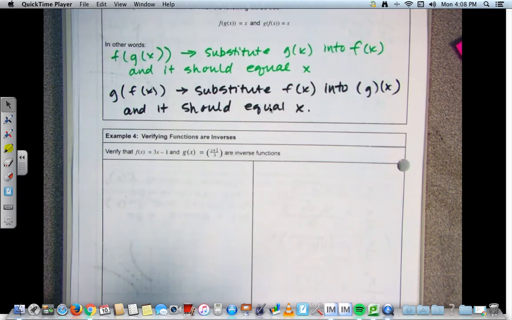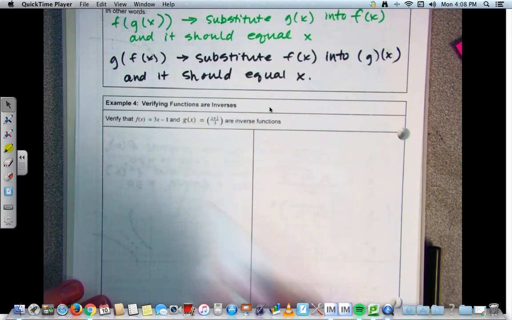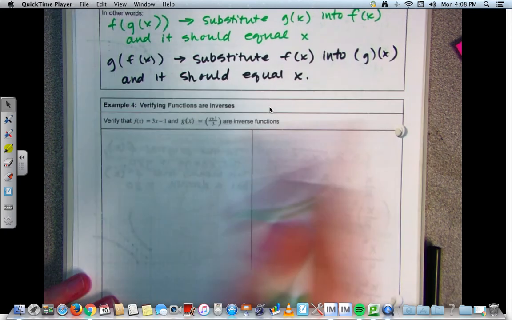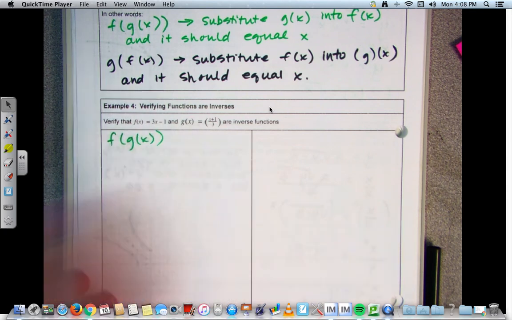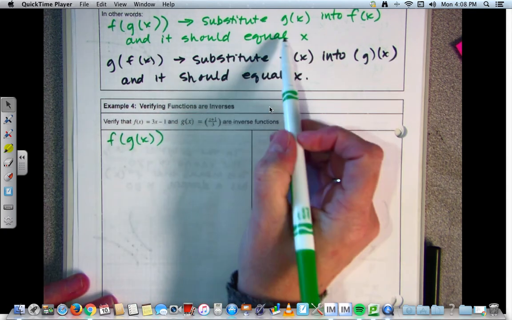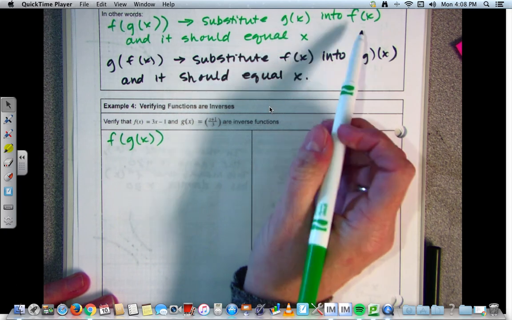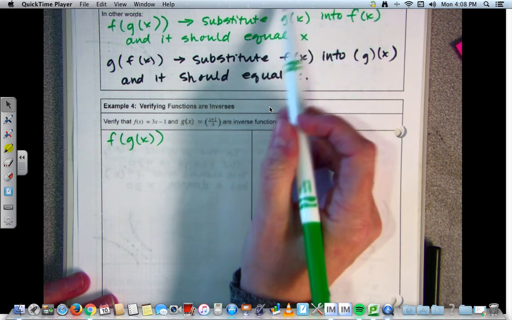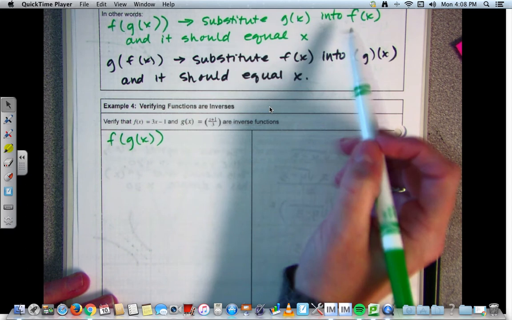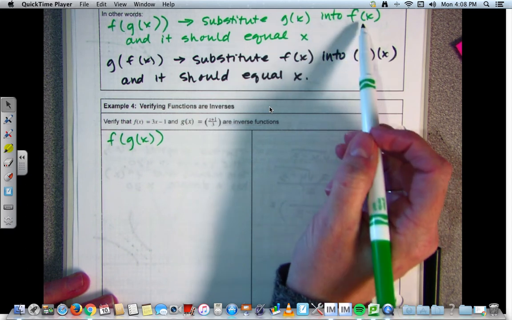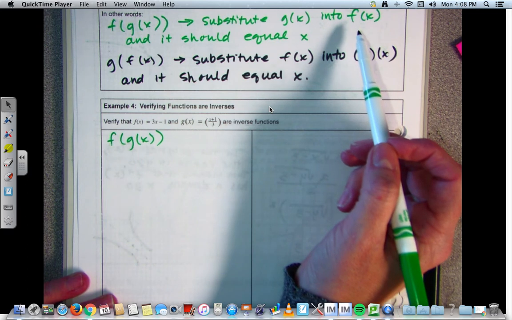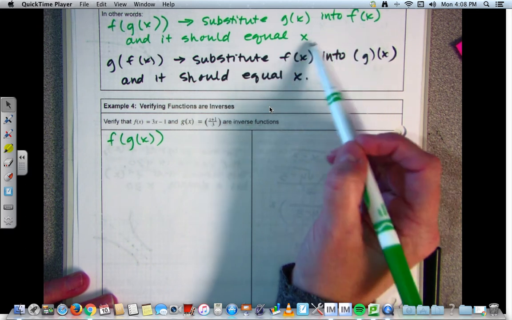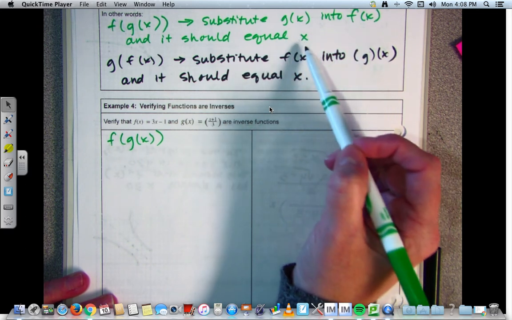If we first look at f of g of x, our rule says that we need to substitute g of x into f of x. So we take the function g of x and substitute it into f of x where there is an x. Once we get it all simplified, then the only thing that should be remaining is x.